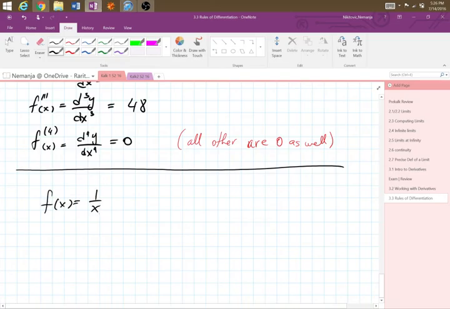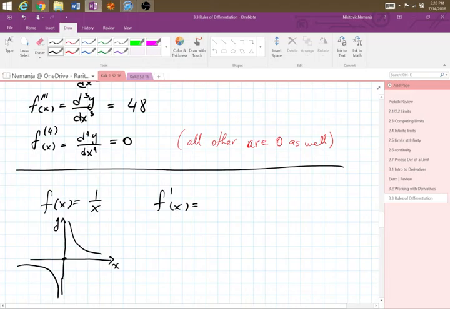So let's take a look, since you asked. f of x equals 1 over x, and the associated graph is this, and we know that there is a vertical asymptote at the y-axis, which is x equals 0. Now, what is the derivative of 1 over x? Well, that's x to the minus 1, drop down minus 1, and then x to the minus 2, so x squared downstairs.